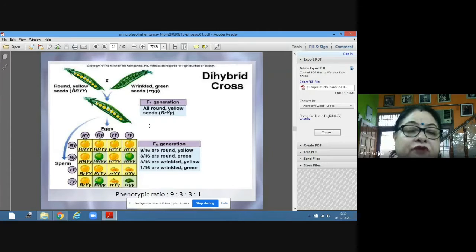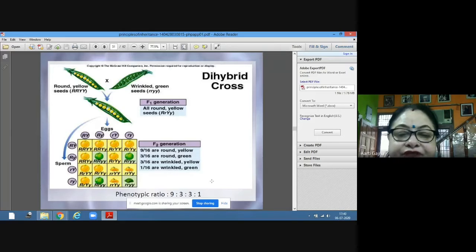And out of these 16, the ratio Mendel got was the phenotypic ratio 9:3:3:1. 9 was round and yellow. 3 was round and green. 3 was wrinkled and yellow, and 1 was wrinkled and green.